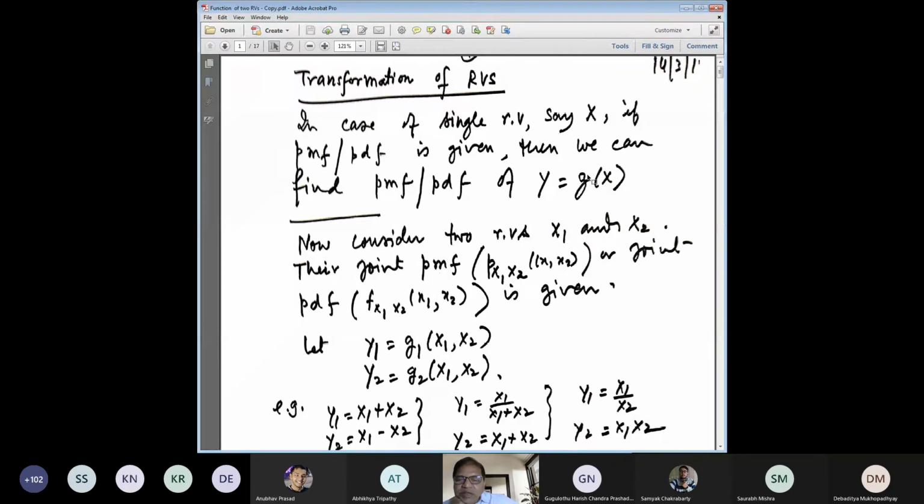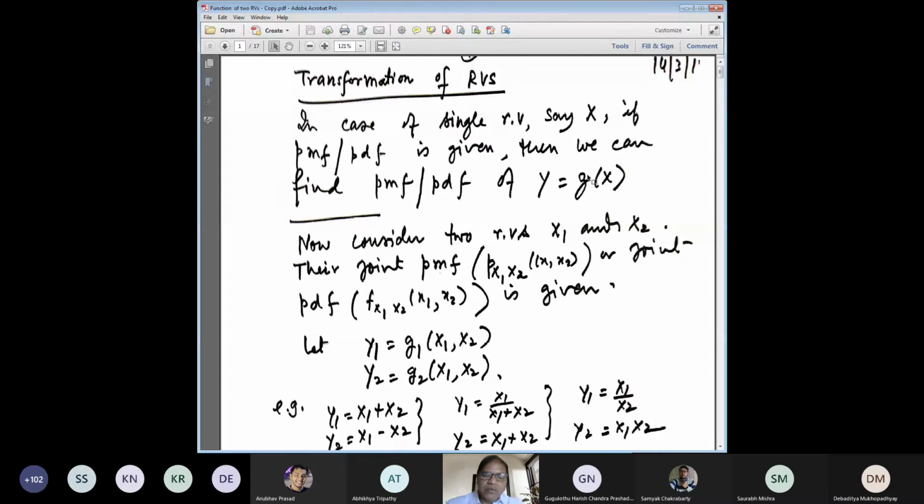Any sort of function you can consider, and there is a result stated in the form of a theorem. If it is monotonic, either increasing or decreasing, there are results, and if the function changes its behavior within the domain, we have another result.